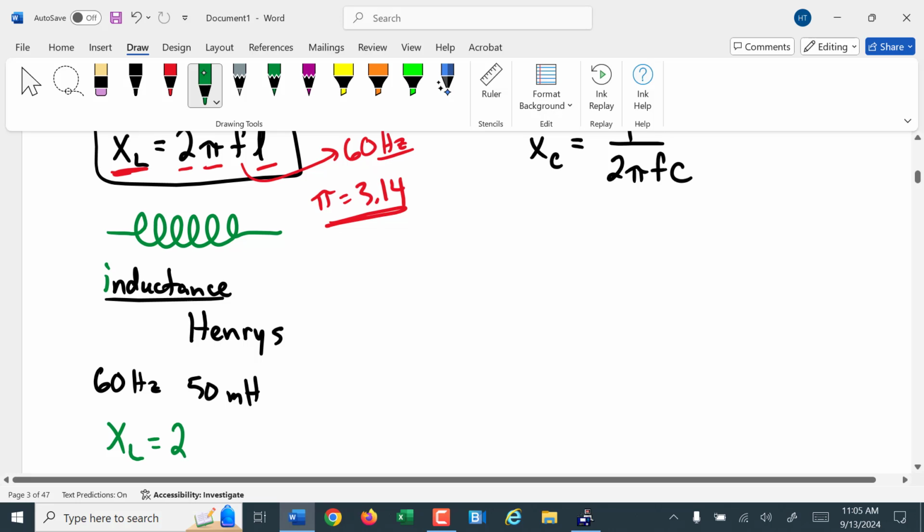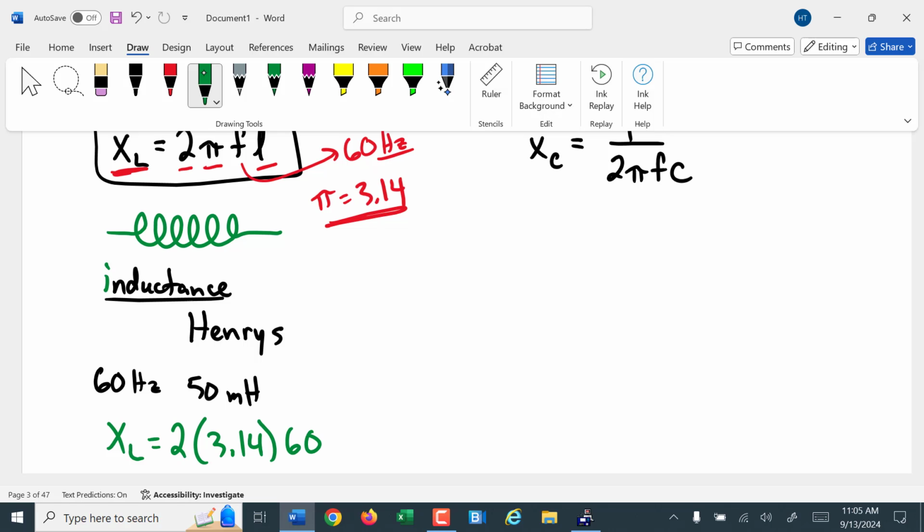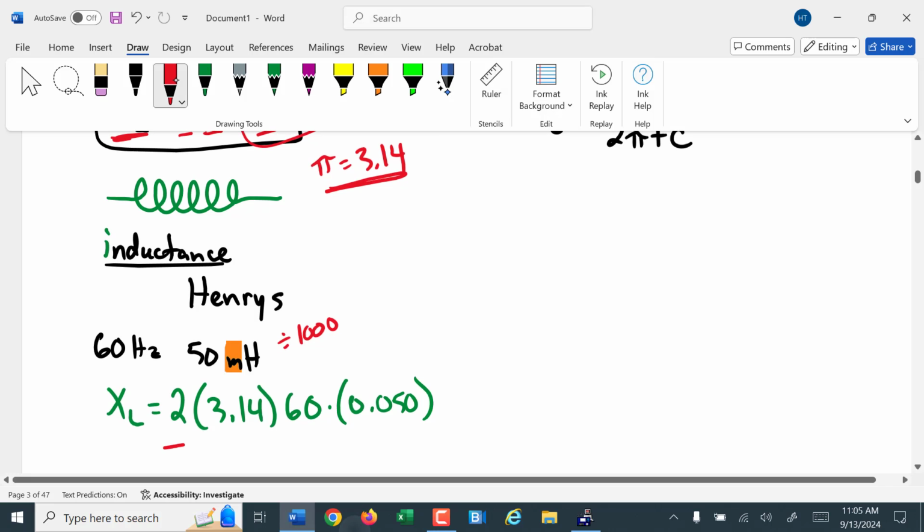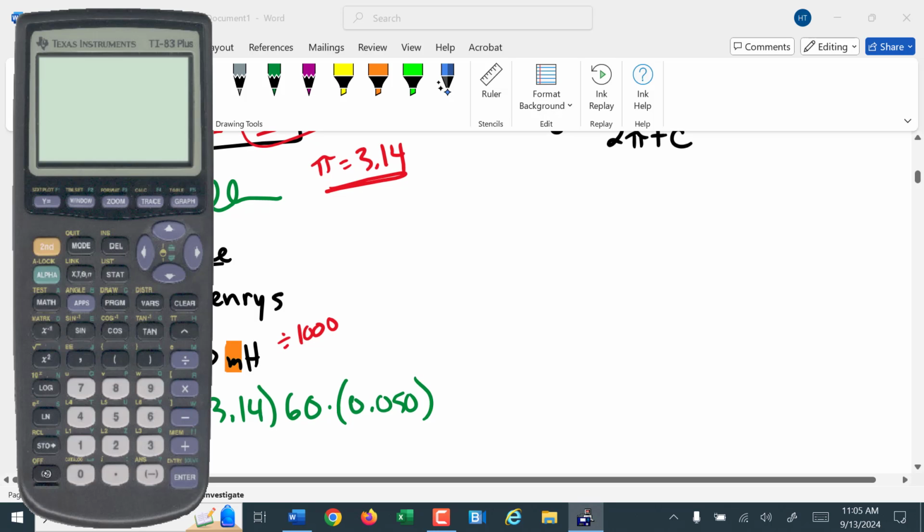XL equals 2 times 3.14 times 60 times millihenries. So this is going to be 0.050. Remember, when you see milli, that means you have to divide by 1,000 to make it into regular units. So if we multiply that out, 2 times 3.14 times 60 times 0.05.